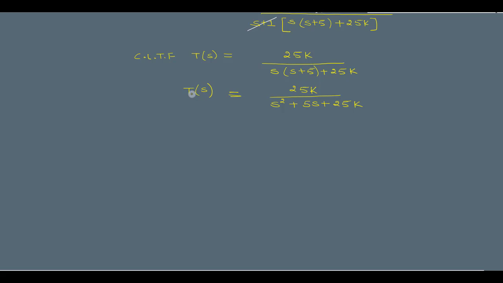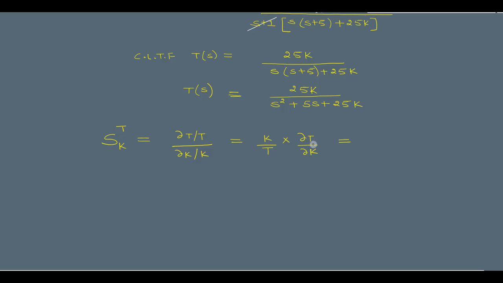Now since we have got the value of transfer function T, we can find the sensitivity S of transfer function T with respect to K, and we know the formula. It is dou T by T upon dou K by K, which is nothing but K upon T into dou T by dou K. Now I am not going to differentiate this dou T by dou K. I will directly write the answer of sensitivity.